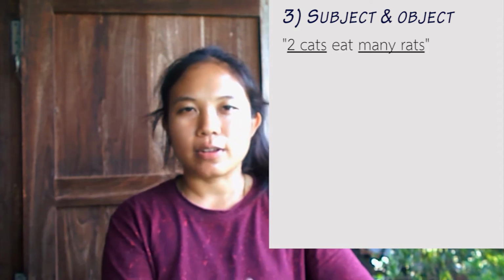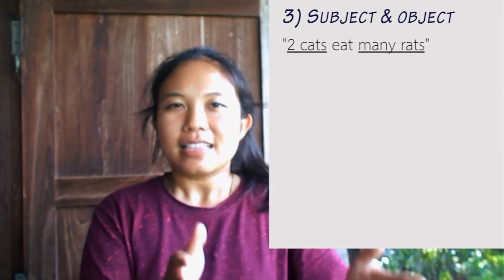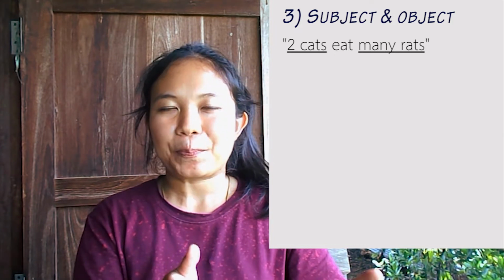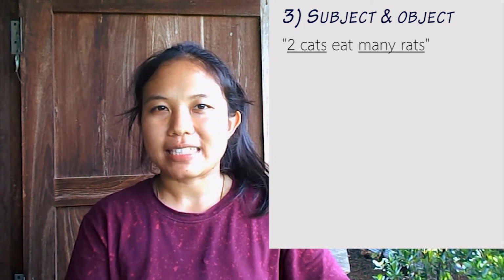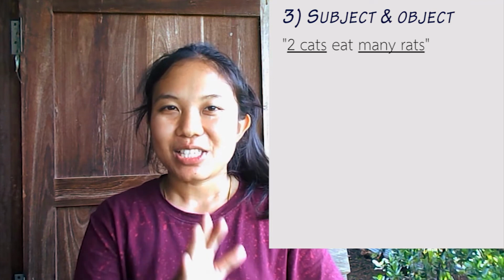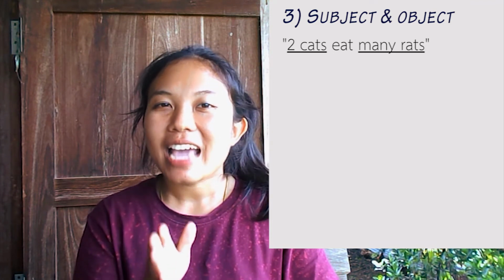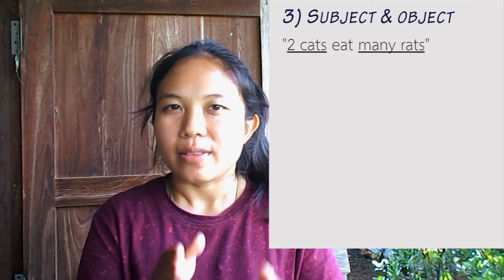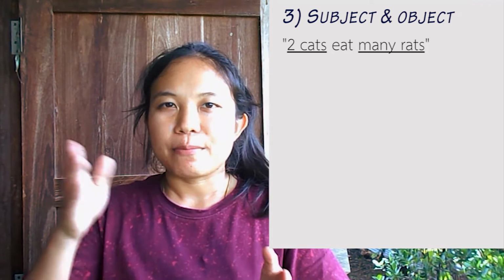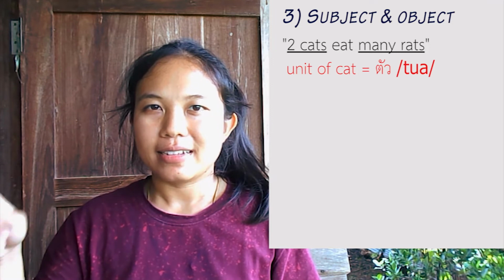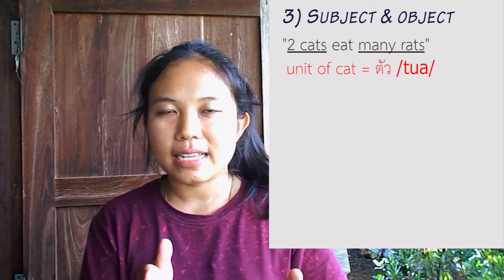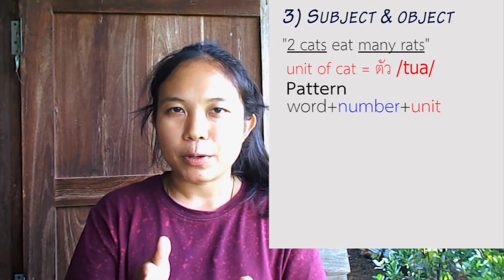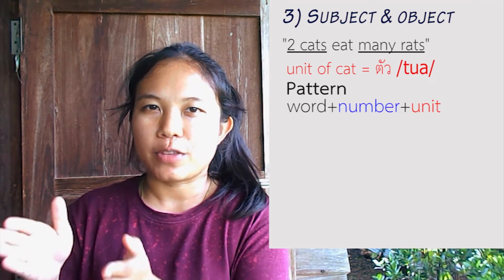Now let's focus on the subject section. The subject section is 2 cats. Cats are animals, so the animals have the same unit, that is ตัว. Our pattern is the word, the number position, and then the position of the unit.